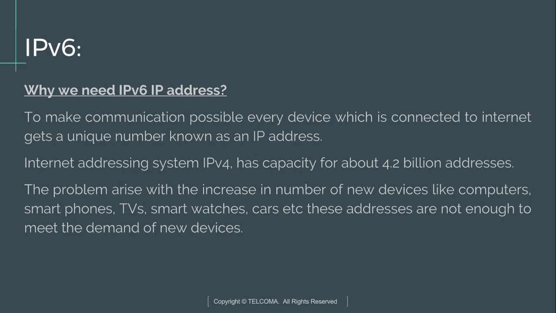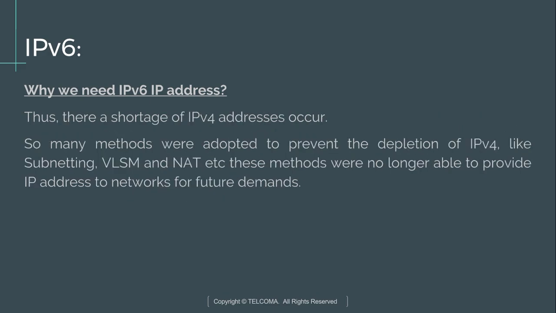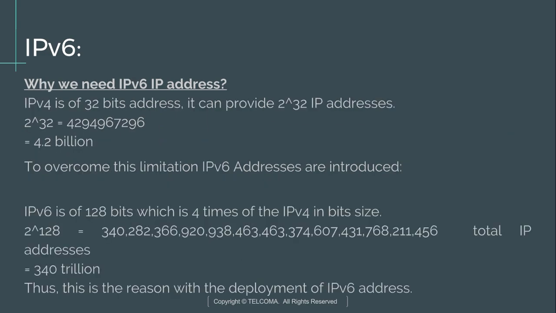Due to the shortage of IPv4 addresses, many methods were adopted to prevent the depletion of IPv4, like subnetting, VLSM, and NAT. But these methods are no longer able to provide IP addresses to the network for future demands. So due to this, IPv6 was introduced.